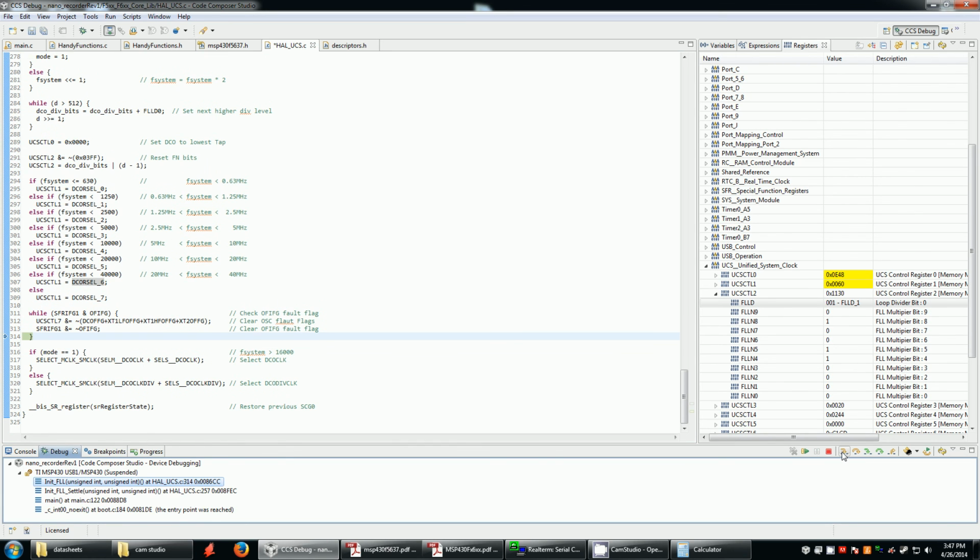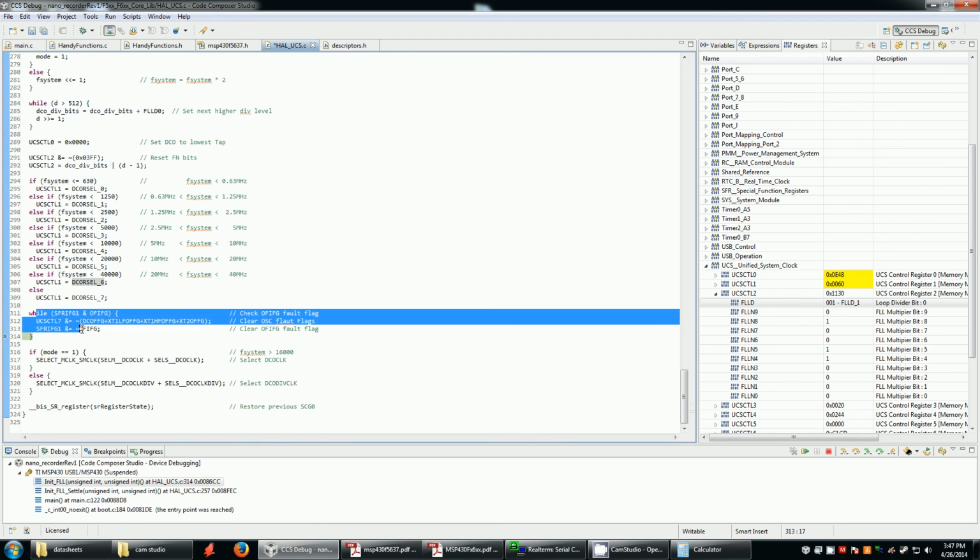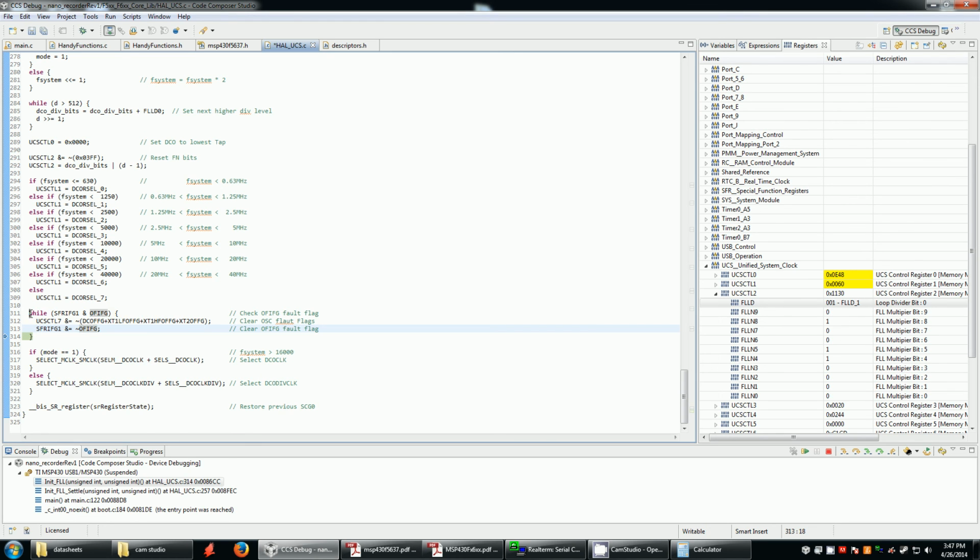Now our DCO select is set to that general range, and our other configuration bits, this is just a fault check to make sure that there aren't any fault flags, and so we jump through that, and that's more DCO oriented stuff.